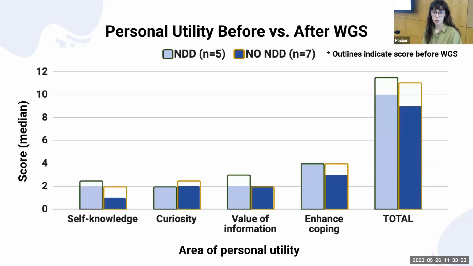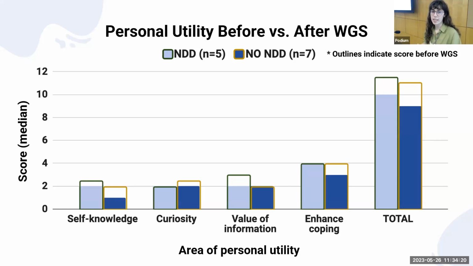So after whole genome sequencing, and I've added in this border color what the pre-test responses were so that we can see how that changed, personal utility decreased for everybody. Part of that discussion includes thinking about the fact that most people did not get a diagnosis. So that might be a huge piece even of the non-health outcomes, impacting people's coping, impacting their self-knowledge.